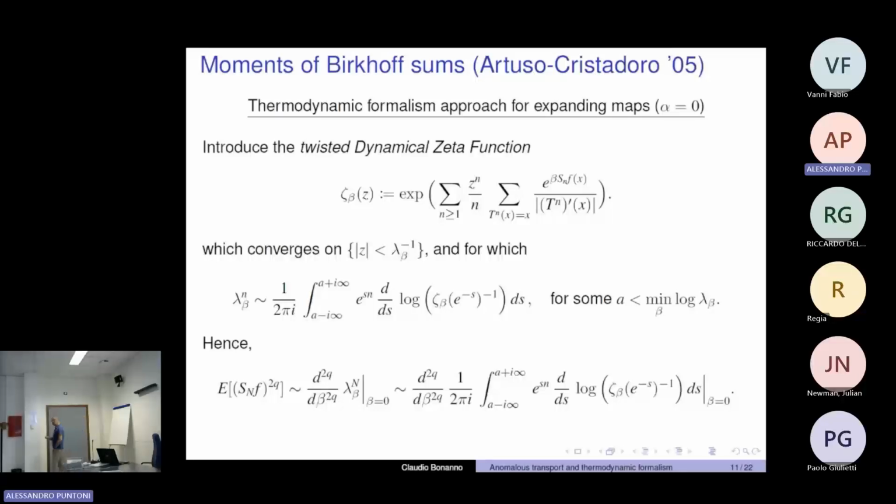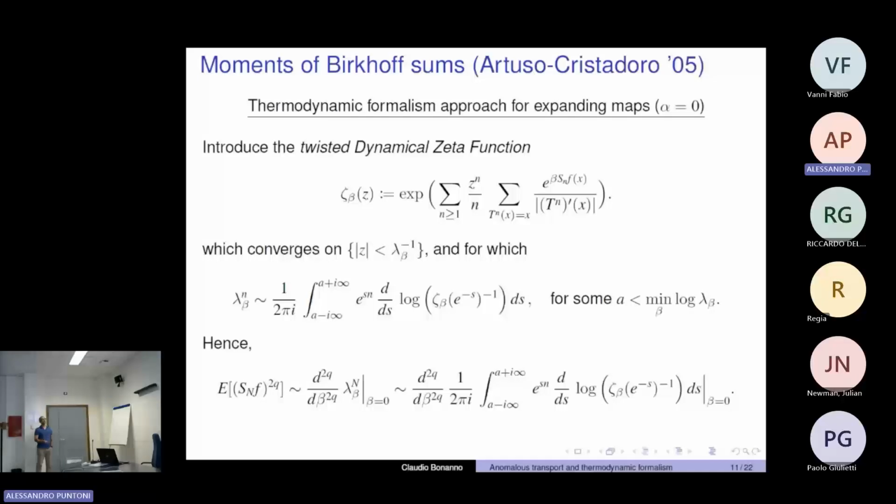For example, if you look at this formulation here, if you substitute 1 instead of this term, you get the standard Artin-Mazur zeta function, which was introduced just to have a function which counts the number of fixed points and periodic points for a system. And you can generalize it by adding some weights along the periodic points, and in our case, by looking at some weights which depend on the observable f and on the parameter beta that you are considering.